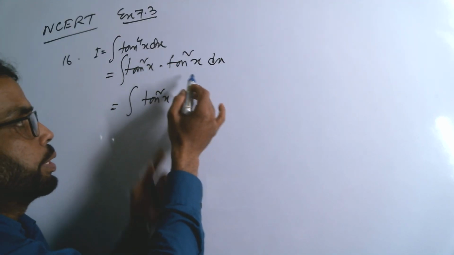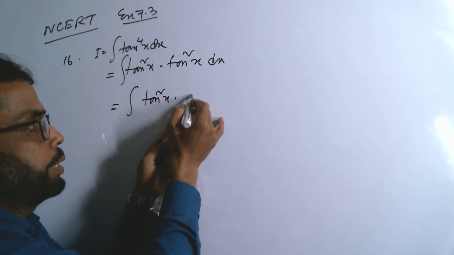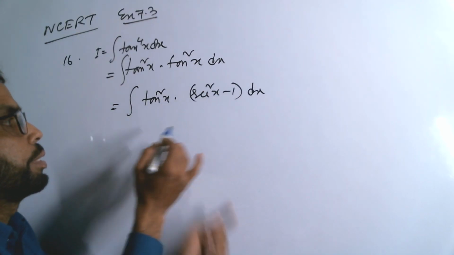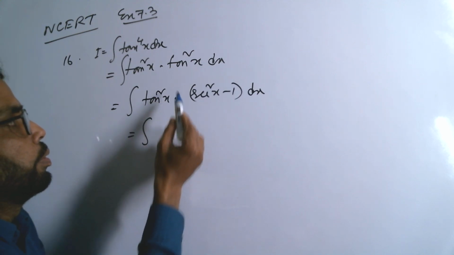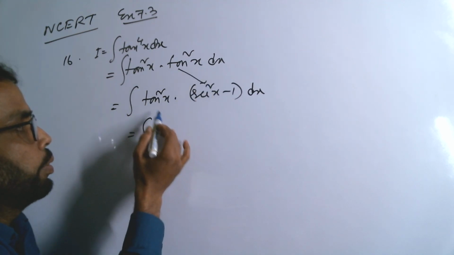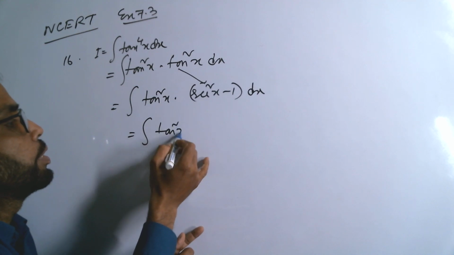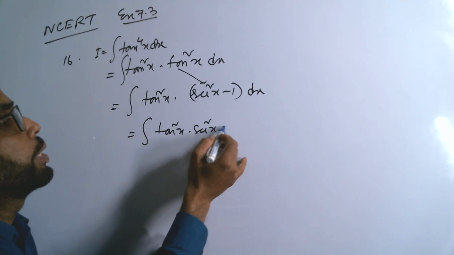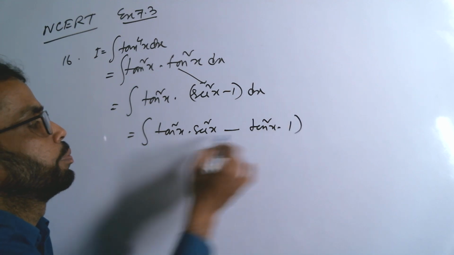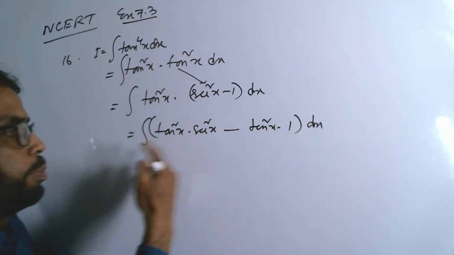Second tan²x we can convert into sec²x minus 1 using the identity. Then we'll multiply: it is tan²x into sec²x minus tan²x into 1, and then we'll split into 2.